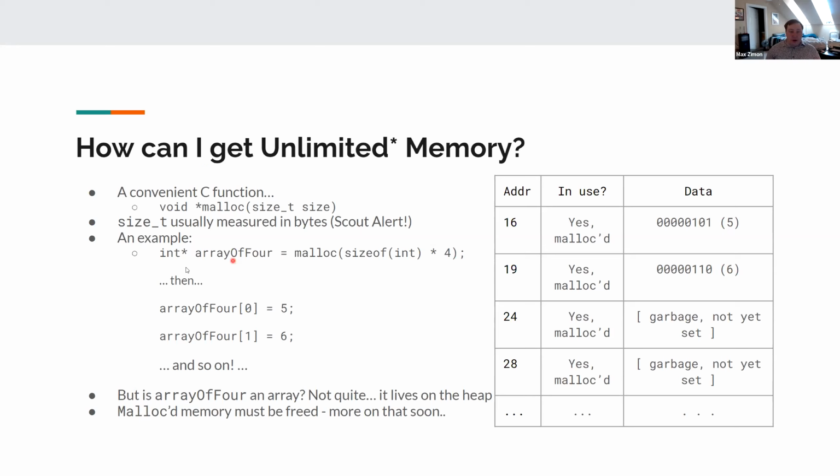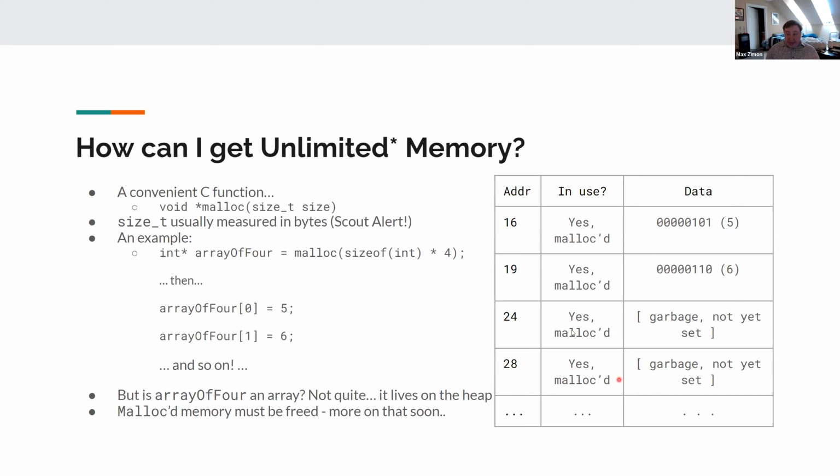Any variable could have them. Array of 4 happens to know this address 16, but anything could know the address 16. All we know is that we allocated it and we haven't freed it yet, and it's storing the data that we care about. Note that this data here, obviously there's going to be 4 bytes here, not 1. This is just showing you that least significant byte that has the value 5 in it.